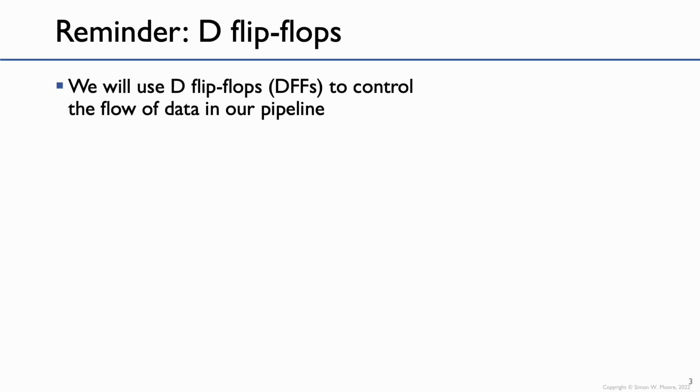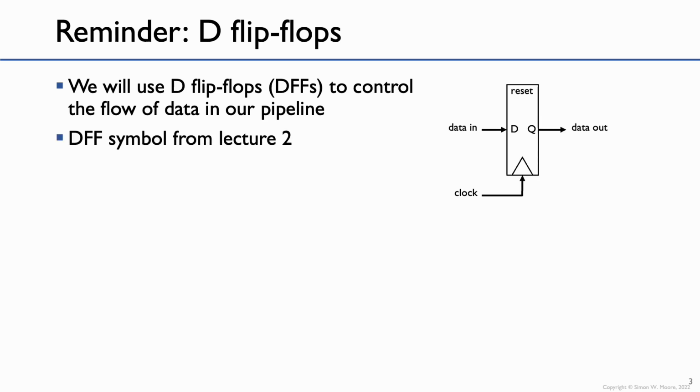Now we're going to be using D flip-flops to control the flow of information down the pipeline in lockstep with the clock. You remember the D flip-flop symbol from Lecture 2 and also, of course, from your use in 1A Digital Electronics. Just a reminder that this has a data input, D, and a data output called Q. There's usually a reset signal, though I've not drawn a wire going to it, and a clock signal.